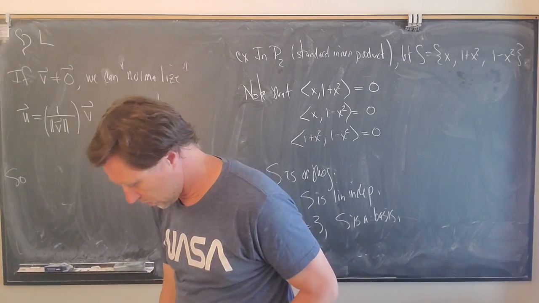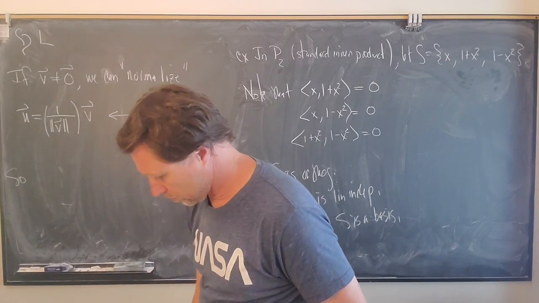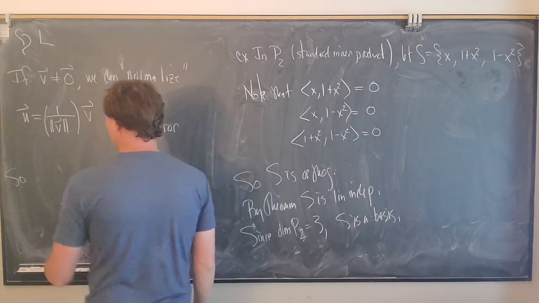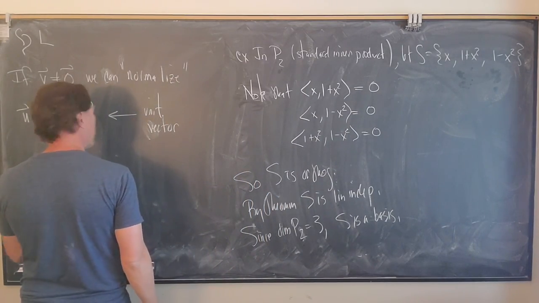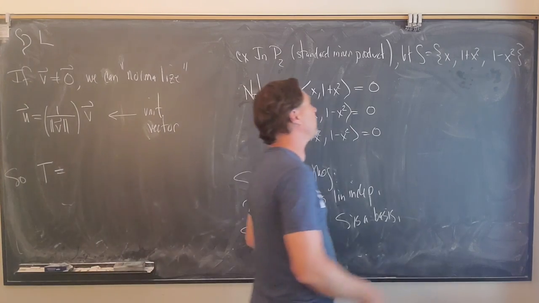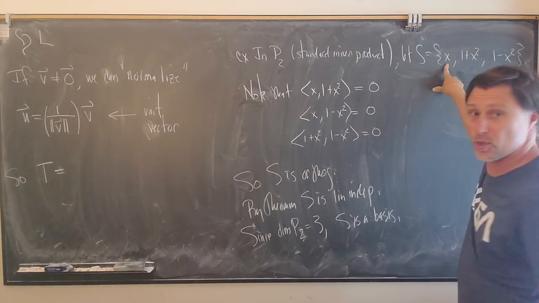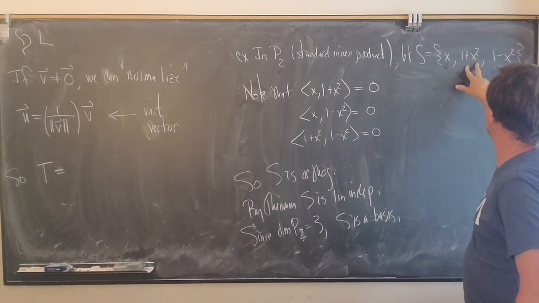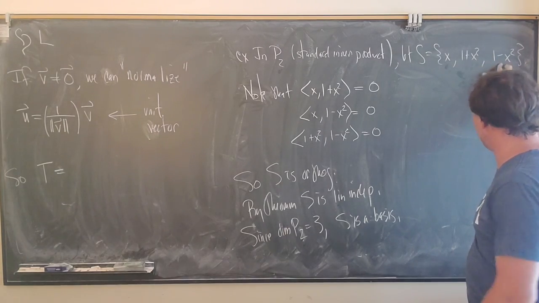So, let's call it T equal to, okay, so what are the lengths of each of these? Well, the length of x is just 1. The length of these two are root 2.